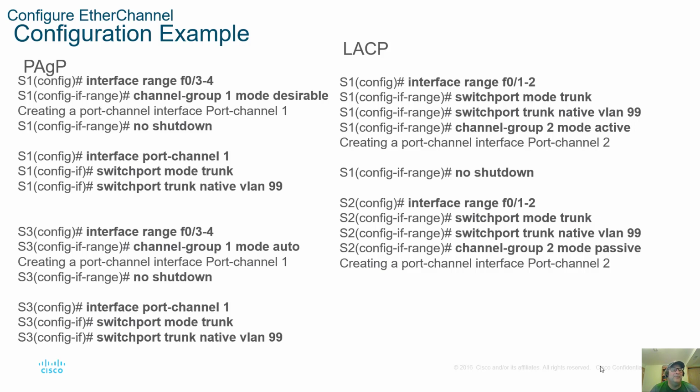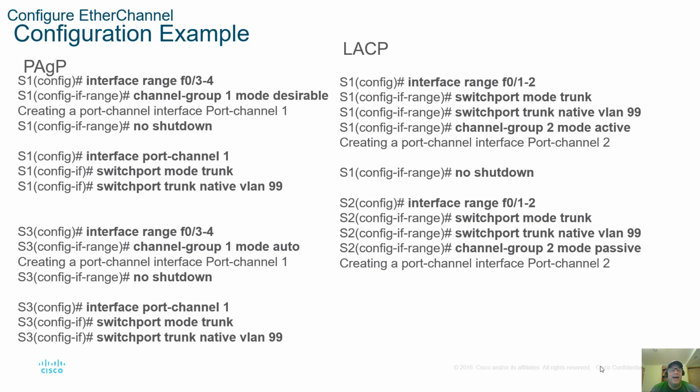On the left-hand side for PAgP, interface range FA0/3 to 4. On LACP, they're going to use interfaces 1 and 2, no big deal. Then they differ a little bit. You'll take that range and make a channel group out of it, and you'll set it to either auto or desirable, or on for PAgP. So channel group, pick a number, mode desirable, great, and then do a no shut on it, and it's squared up.